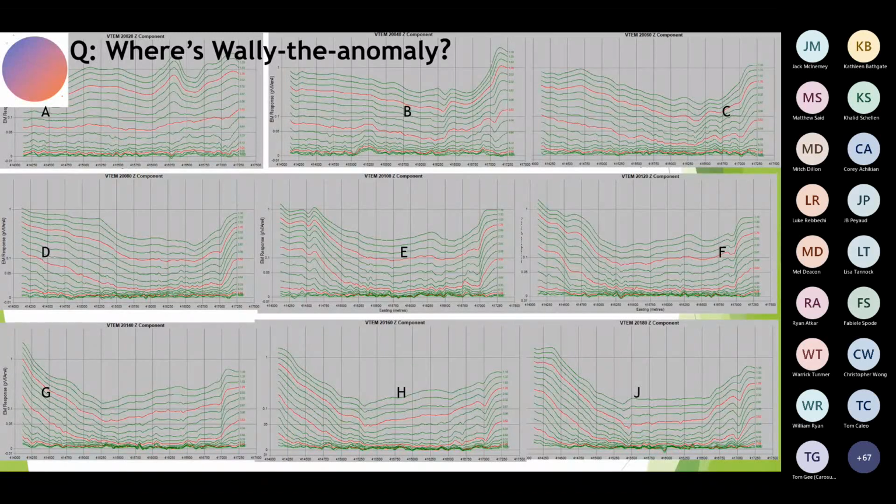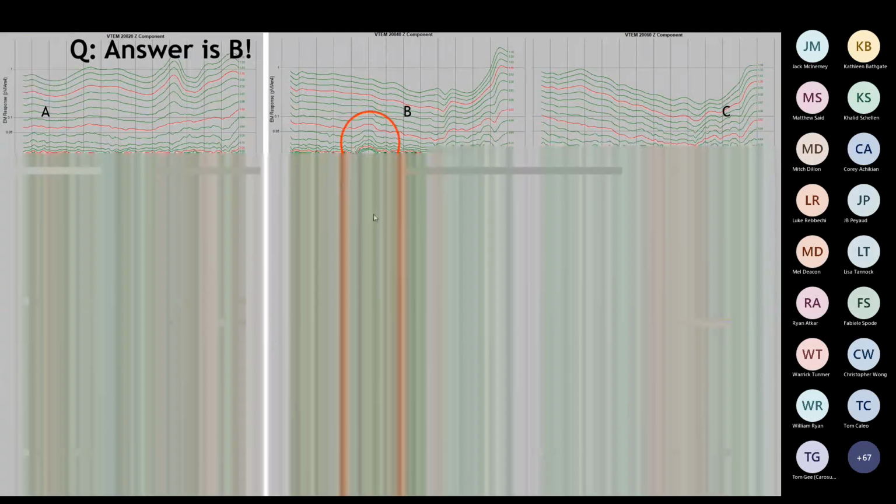Do we have any votes on this on our in-person forum? Well done, guys. That's the anomaly right there. The late time channels, not a great anomaly, but a clear anomaly still.